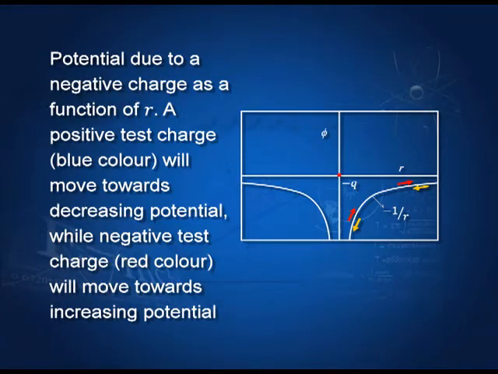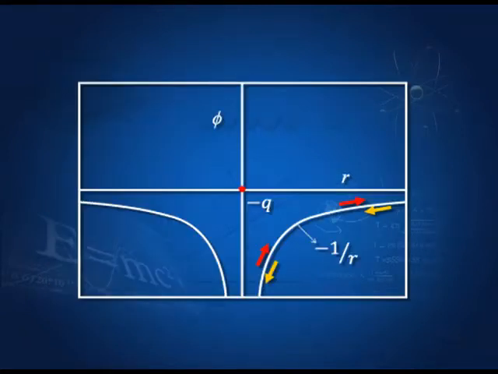Here I show the potential due to negative charge. The potential is again 1 by r, but minus 1 by r this time. So, here at r equal to 0, it is minus infinity, and then it goes to zero as r increases.